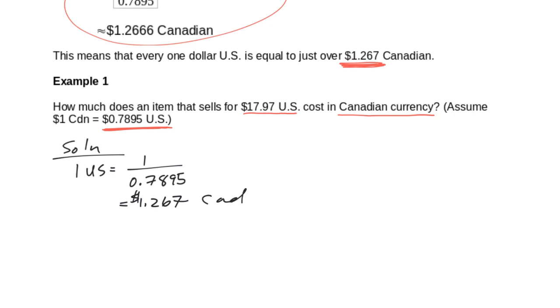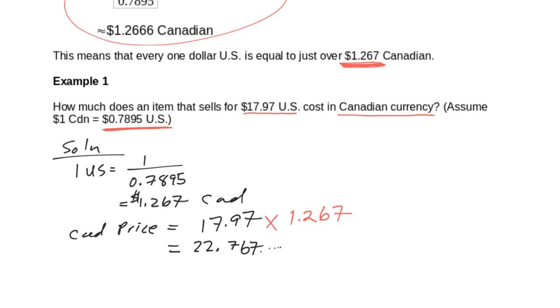So now let's go and figure out the Canadian price. So the Canadian price is going to be this. We're going to take 17.97, and then we're literally just going to times it by our 1.267, and we end up with this answer, 22.767.